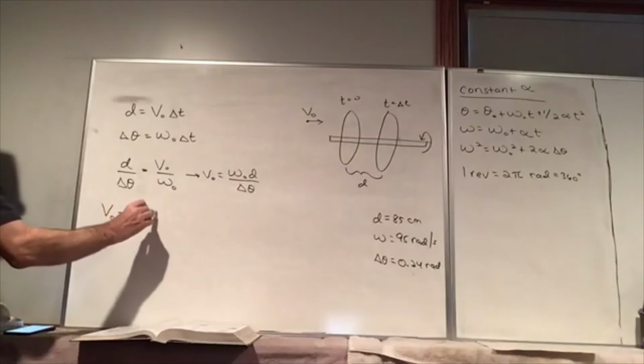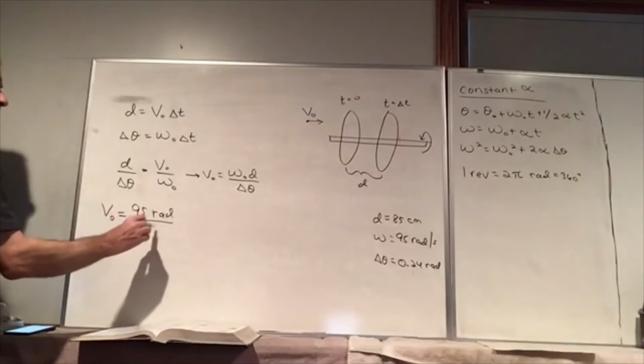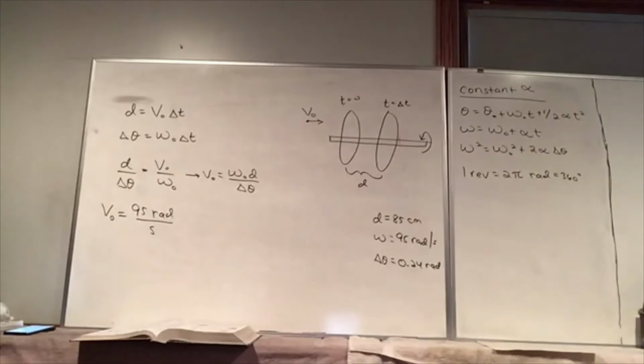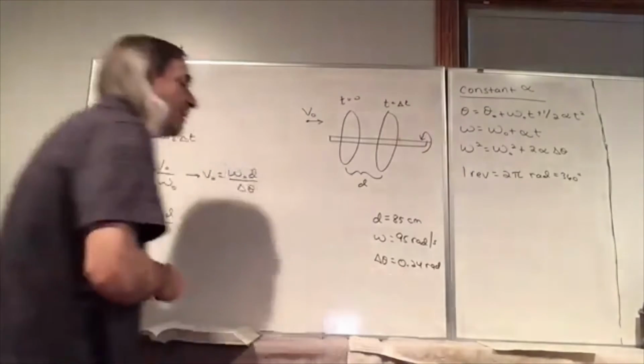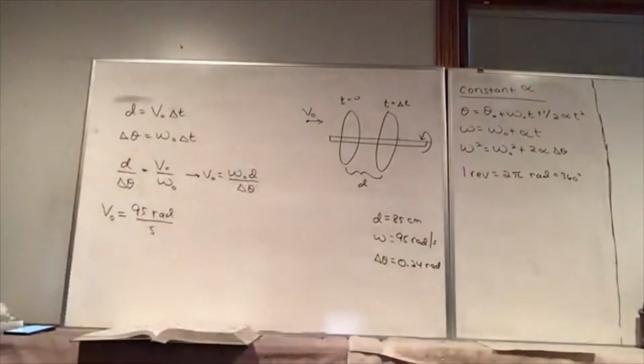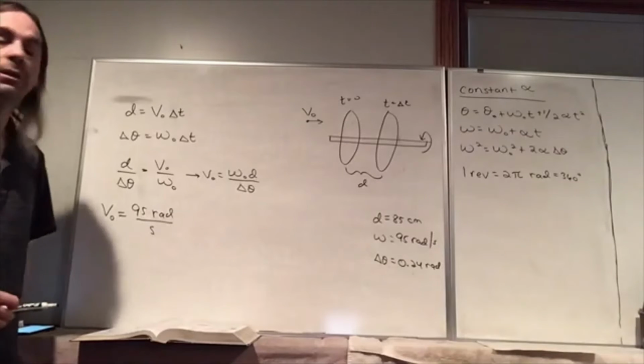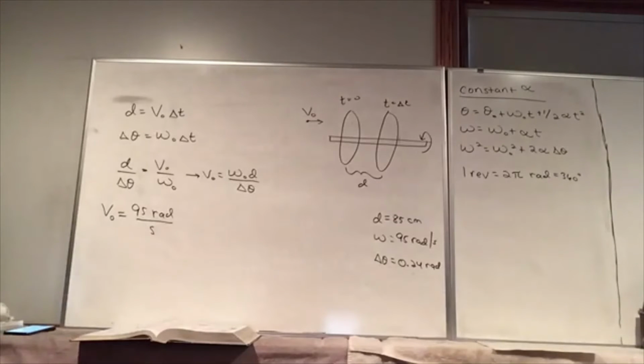And again, always be careful about units, particularly in these rotational problems, because we use radians, degrees, or revolutions. And sometimes, some of the equations are only valid if you're in radians.